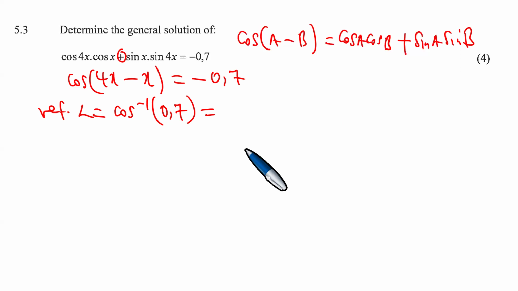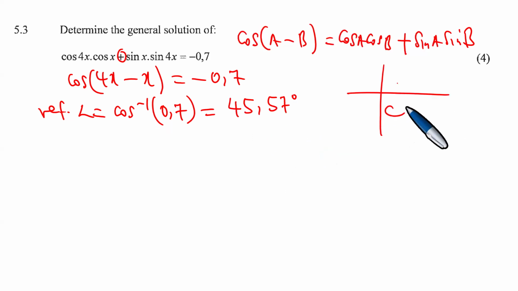I'm getting that one, and what we're able to achieve is 45.57 degrees. Did you get that too? Or is it different? No, it's not different. Okay.